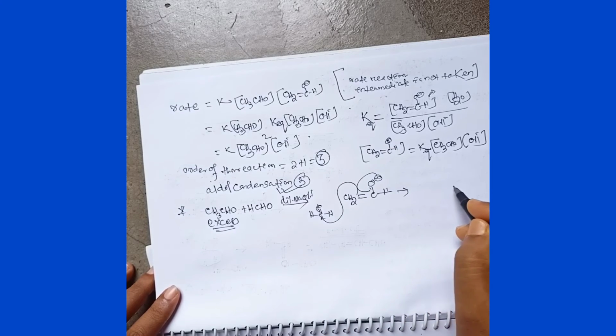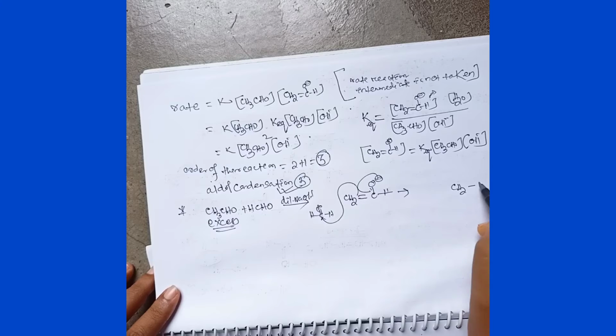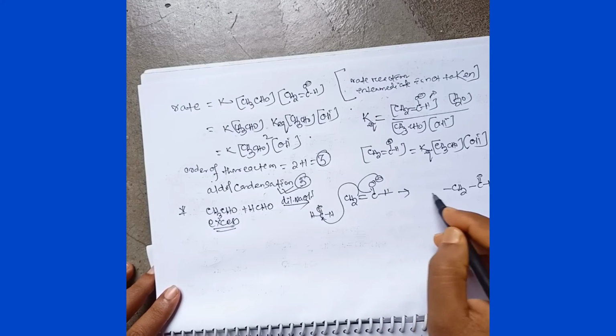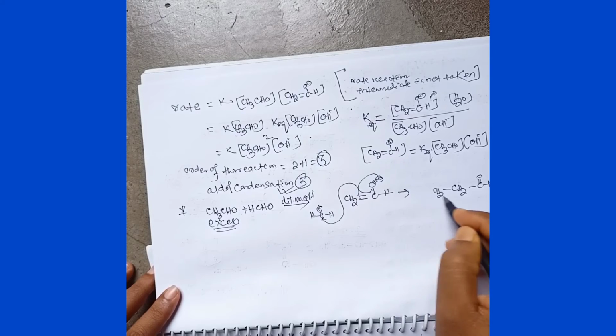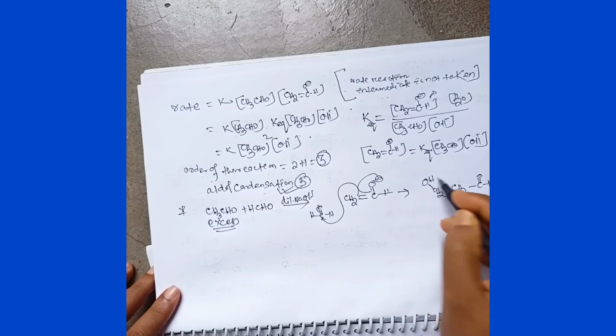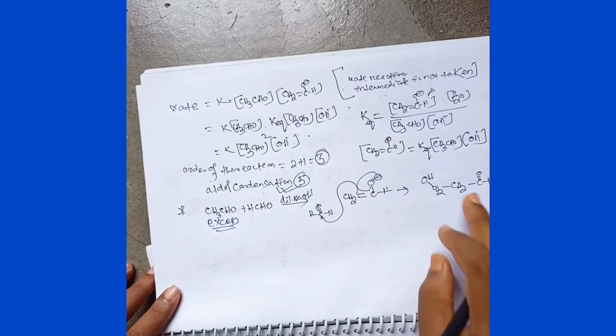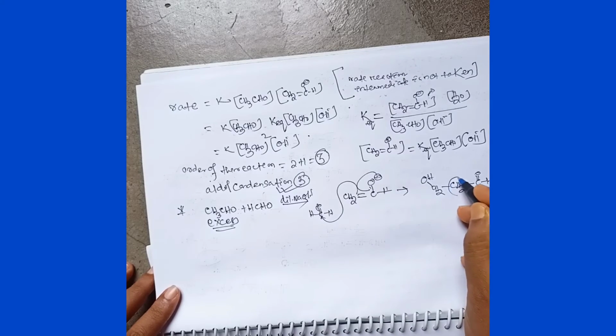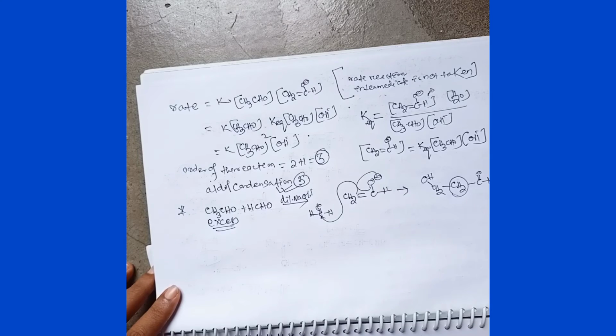The product will be CH2 COH CH2 OH. Again, two more alpha hydrogens are there, so what will happen?